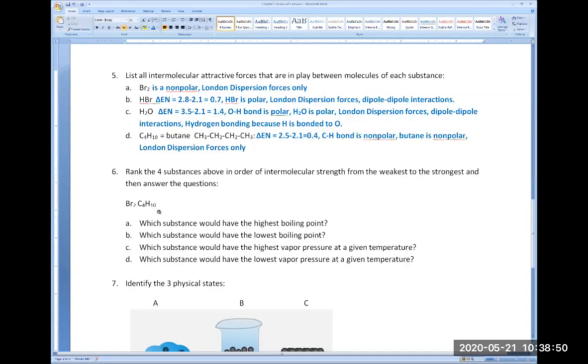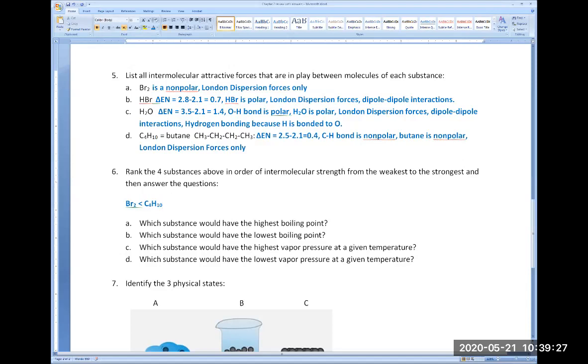So when you have an imbalance of electron distribution or electron density, it will create a slightly larger delta minus and delta plus, partial positive charges and partial negative charges. And so that will make the London dispersion forces slightly stronger. So between these two, Br2 will be the one that experiences the weakest intermolecular attractive forces.